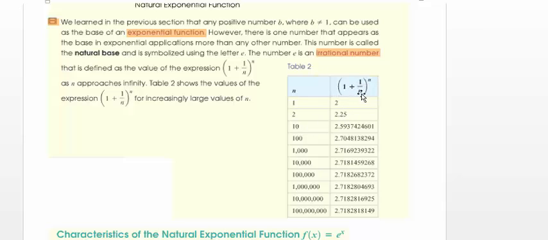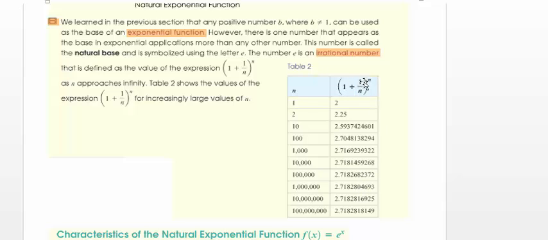So this number is the value that the expression 1 plus 1 over n to the nth power approaches as n gets larger and larger and larger. So when n is 1, 1 plus 1 over 1 to the first is 2. When n is 2, 1 plus 1 over 2 to the second is 2.35.